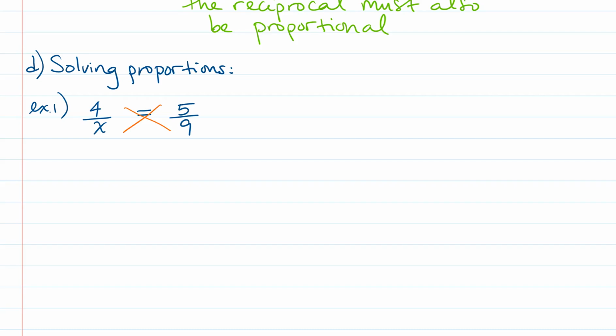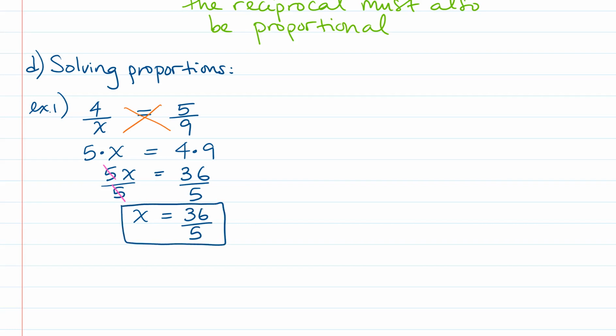It gives me 5 times x equals 4 times 9, which is 5x equals 36. Solve for x, divide by 5 on both sides. The 5 reduces to just x. So x is equal to 36 divided by 5. If that doesn't go in evenly, leave it as 36 over 5, and that would be your answer.